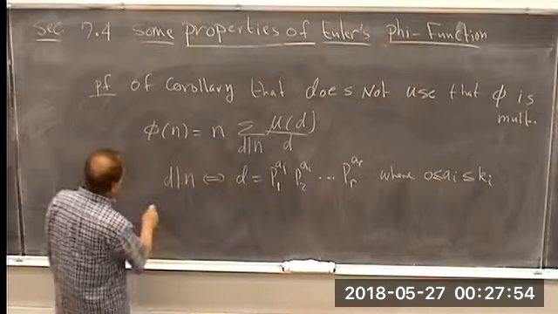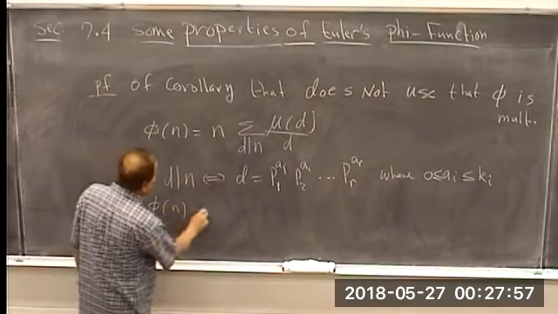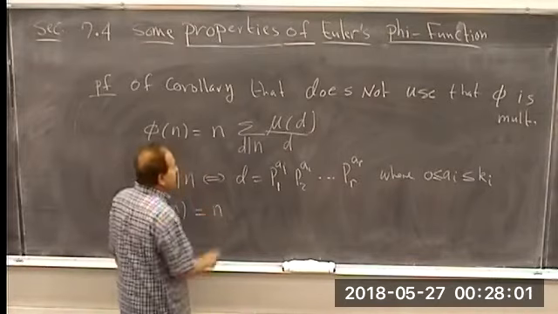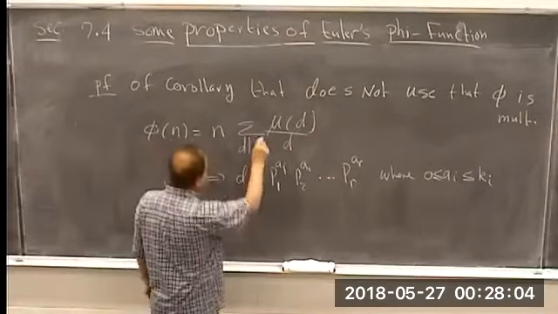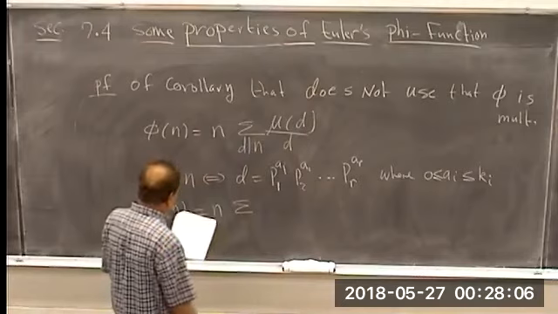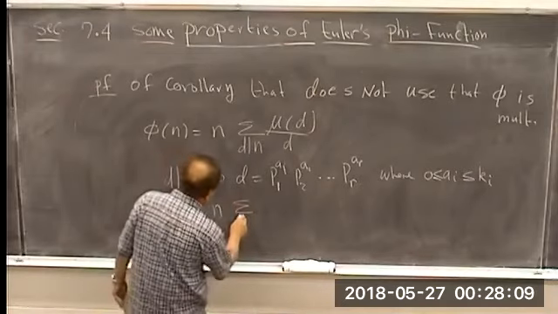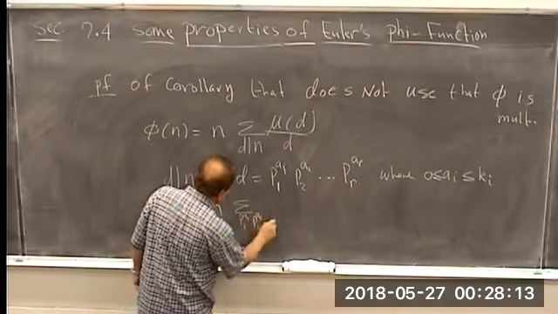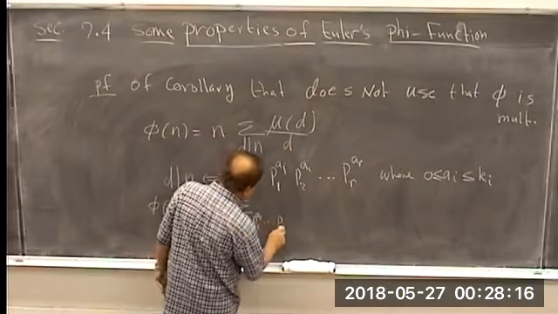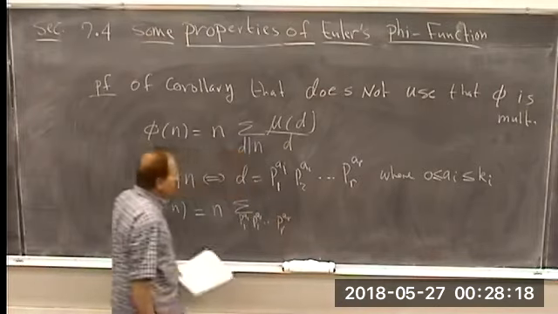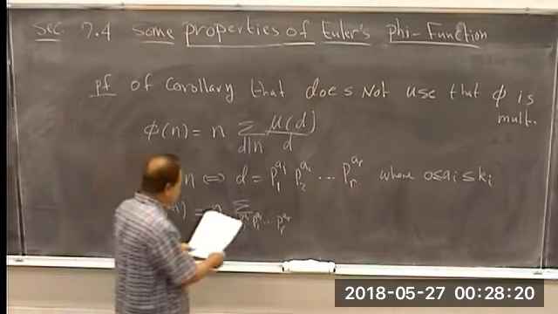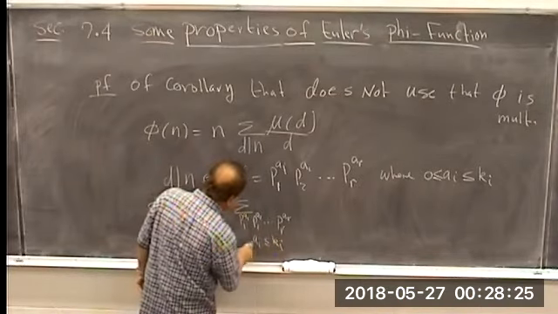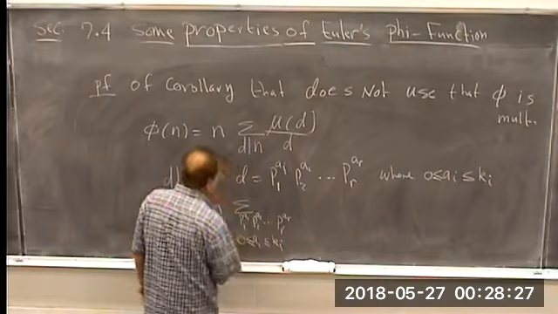So in other words, phi of n we can write as follows. I'm going to leave the n by itself, and then I want to write this summation over the p1 to the a1, p2 to the a2, and so on up to pr to the ar. That's the d's. And also having the a sub i's here less than or equal to k sub i and bigger than or equal to 0.